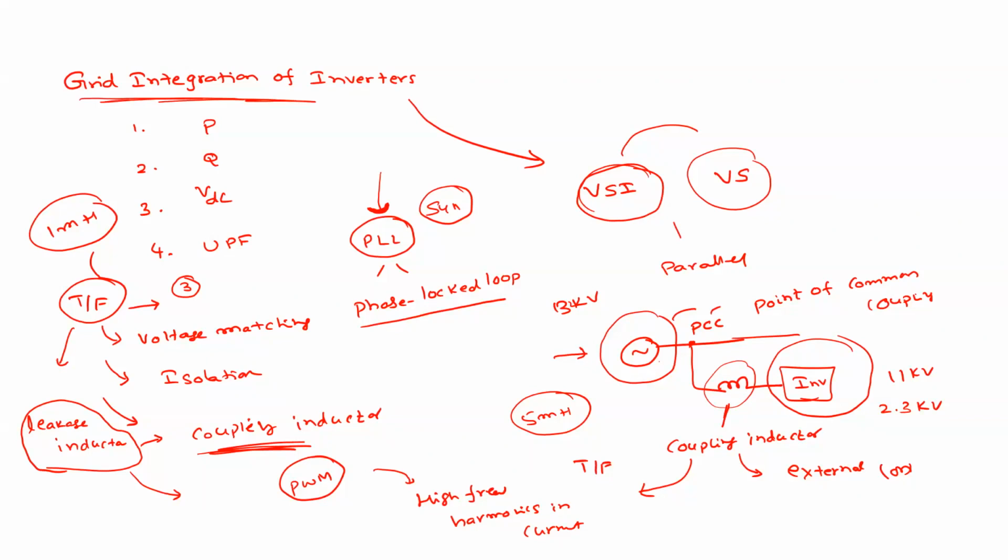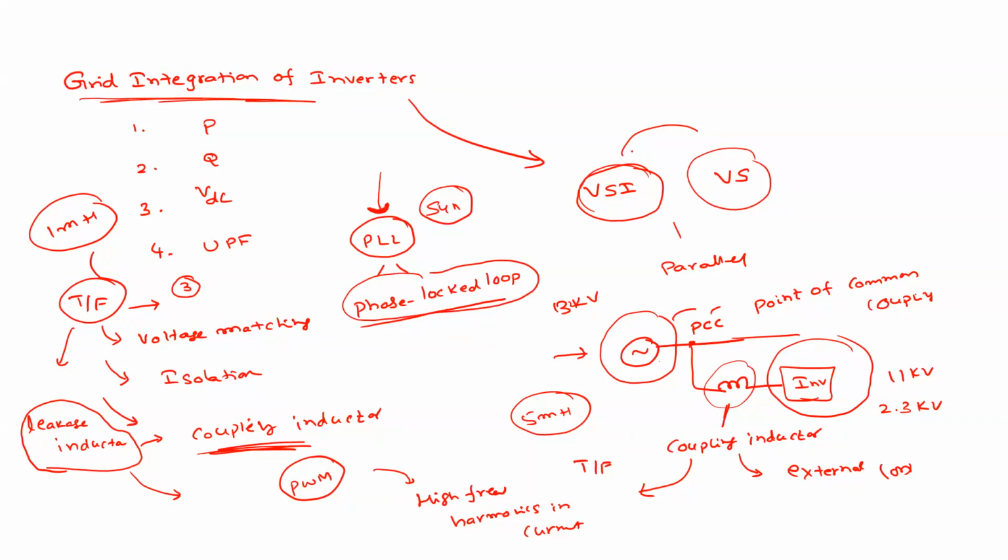At that point the instantaneous values of the two are matching, and you close the switch so that the alternator is connected to the grid or lab supply. In the same way, the phase lock loop helps to synchronize this voltage source inverter and this voltage source.